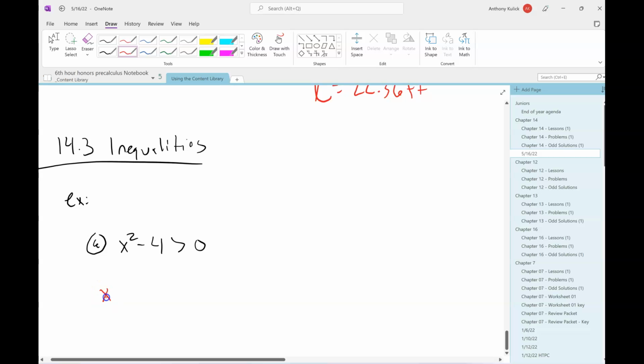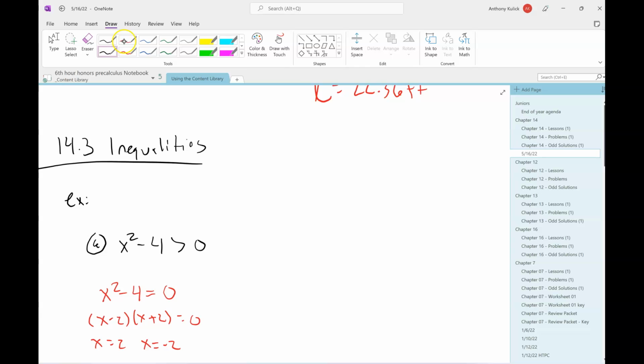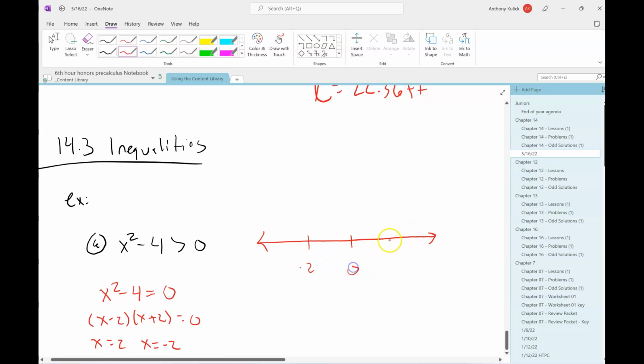To figure out the sets we need, I am going to first set it equal to 0. Now to solve this equal to 0, there are two solutions. And what I like to do is draw a number line.